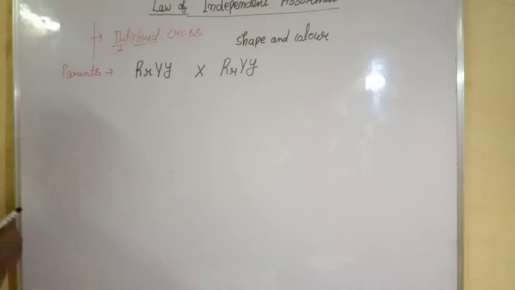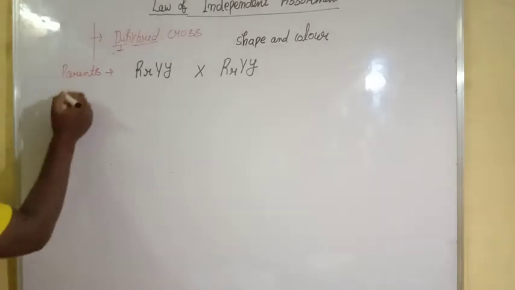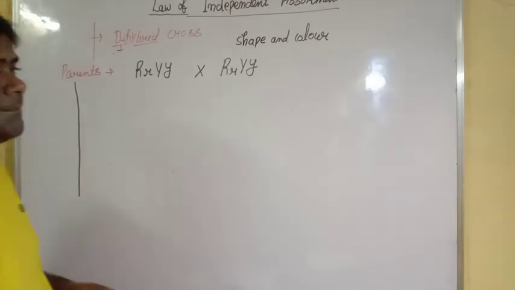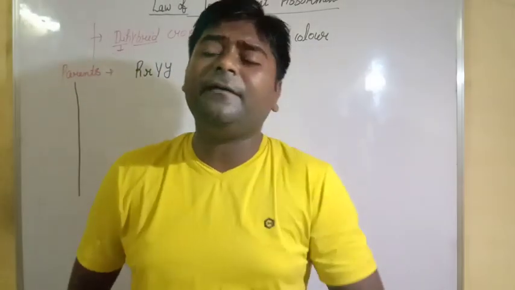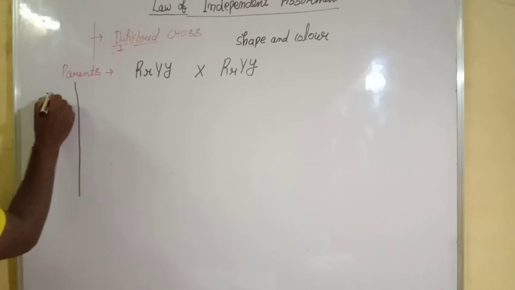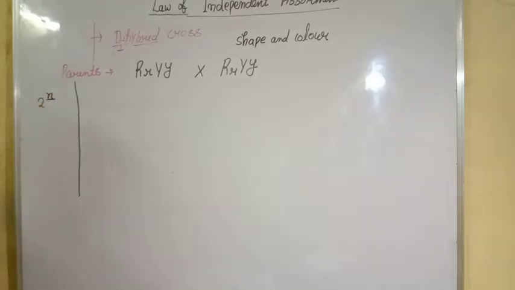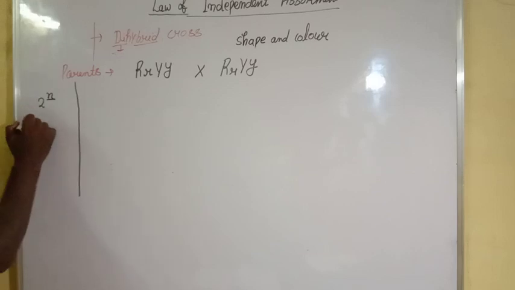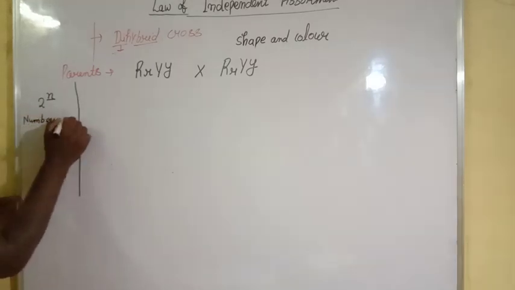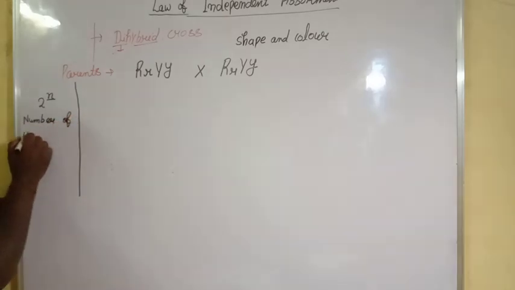See here, we have one formula to get how many gametes are formed. Try to understand: 2 power n, where n is the number of heterozygotes.